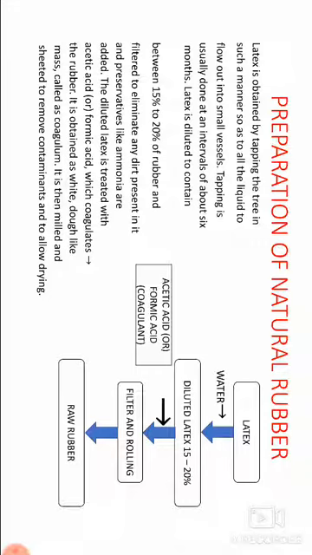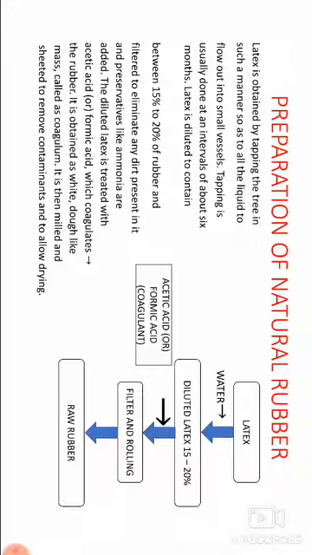Preservatives like ammonia are added. The diluted latex is treated with acetic acid or formic acid, which coagulates the rubber. It is obtained as a white dough-like mass called coagulum. It is then milled and sheeted to remove contaminants and allow drying.